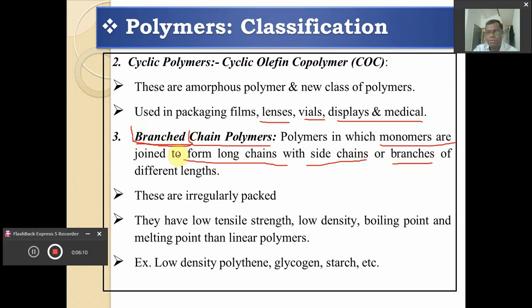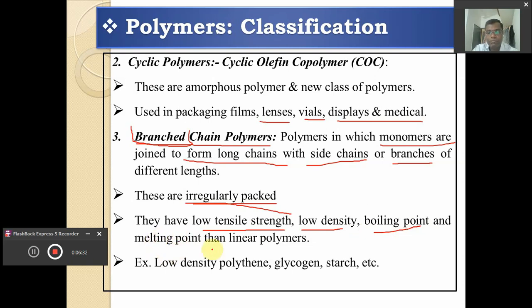That's why these types of polymers are called branched chain polymers. These have highly irregularly packed structures, and they have low tensile strength, low density, boiling point, and melting point compared with linear polymers.